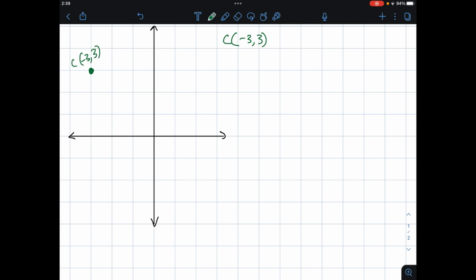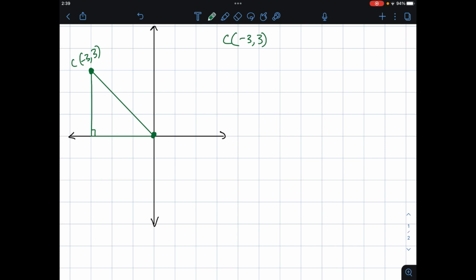There's point C. Following my steps, to do trig on this point, I'm going to draw my hypotenuse. I'm going to drop a perpendicular to the x-axis, creating my right angle, and then the x-axis actually serves as my third side of the triangle. So I'm able to build my triangle.